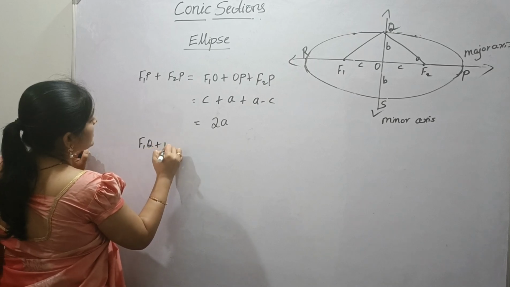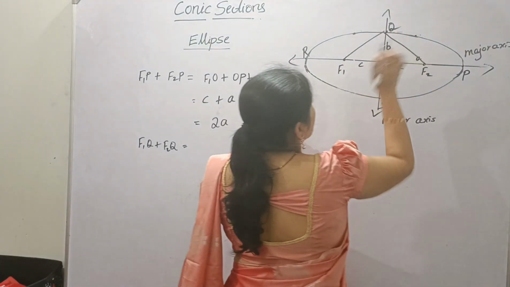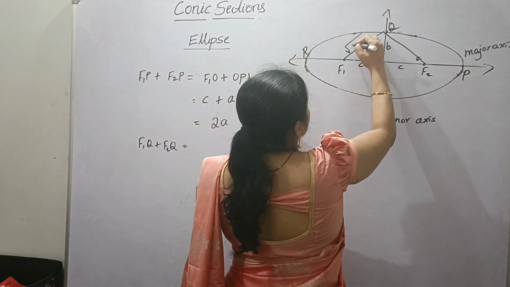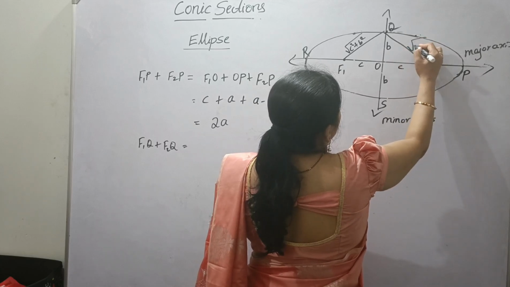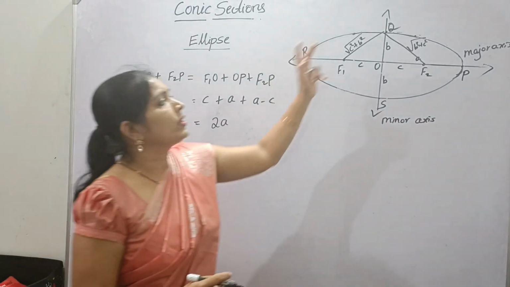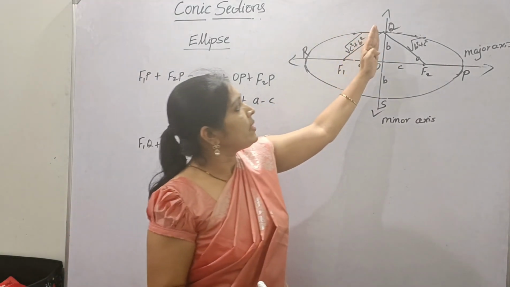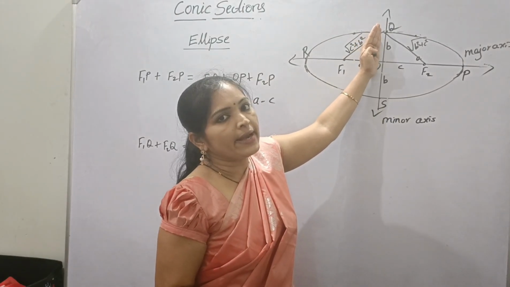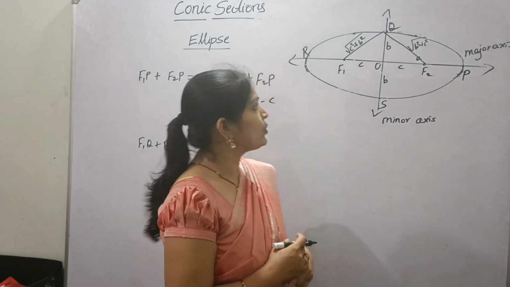So here we can find F1Q plus F2Q. By the Pythagoras theorem, it is the root of B square plus C square. Here we have got these two sides by the Pythagoras theorem, because if we consider this triangle, it is a right angle triangle, so we can apply the Pythagoras theorem to find the side.